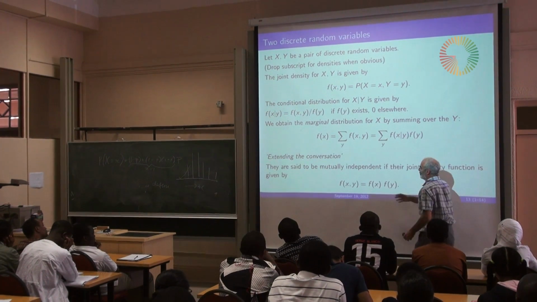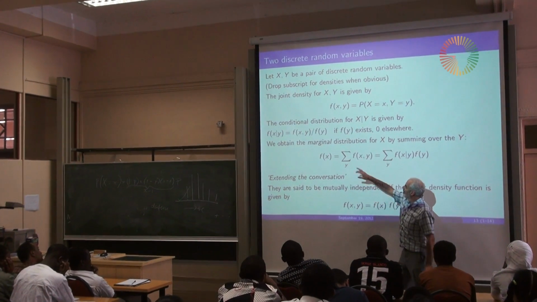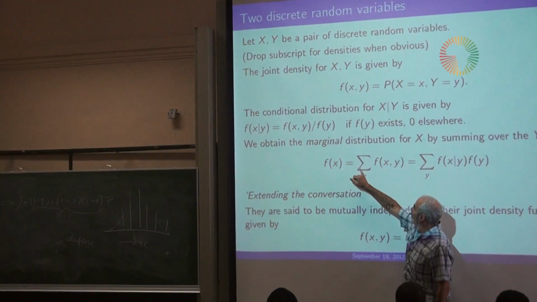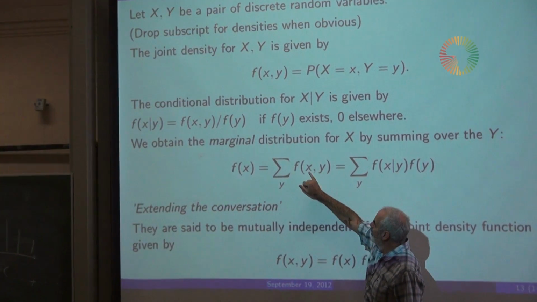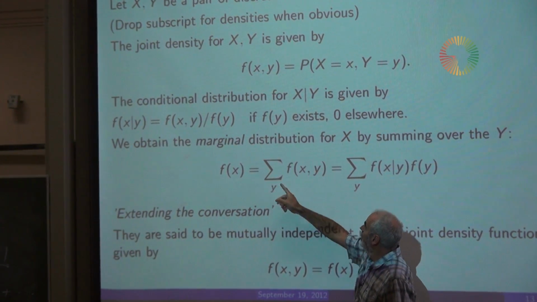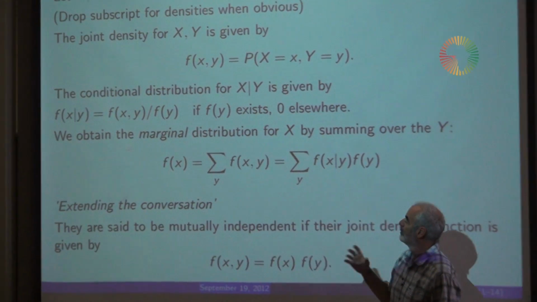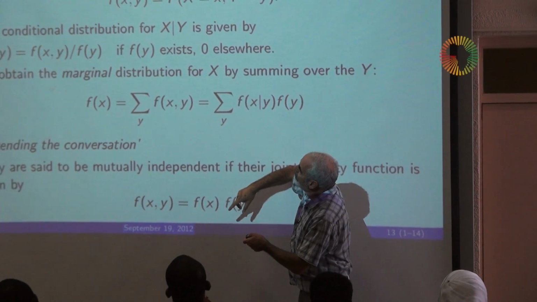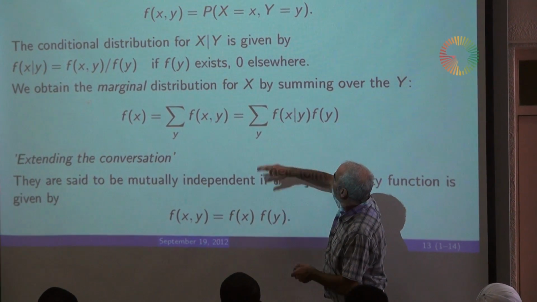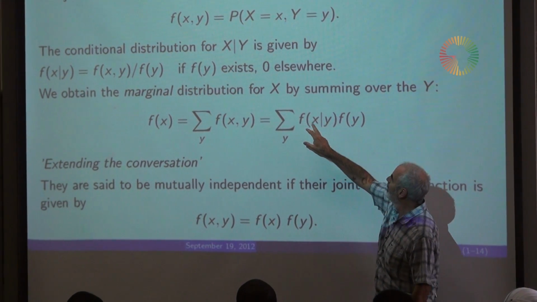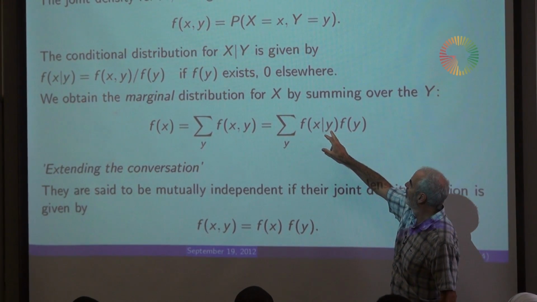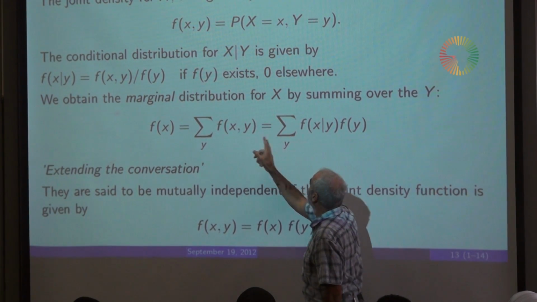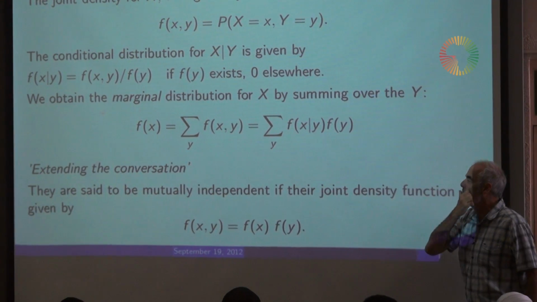This is this idea of what I called before extending the conversation, that the distribution for the density for a variable x, we can take the joint density over two variables and just add up over the values of y. Which also, by that rule there, is equivalent to this form, where we condition on y times f of y, because that is just equal to that, and then add up over y.